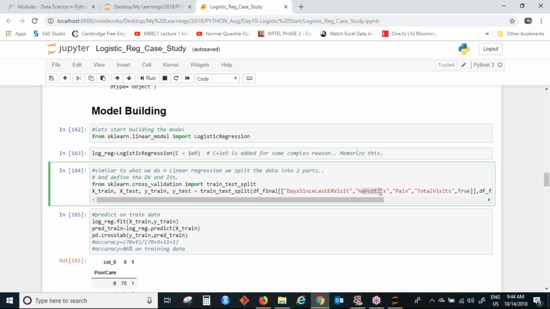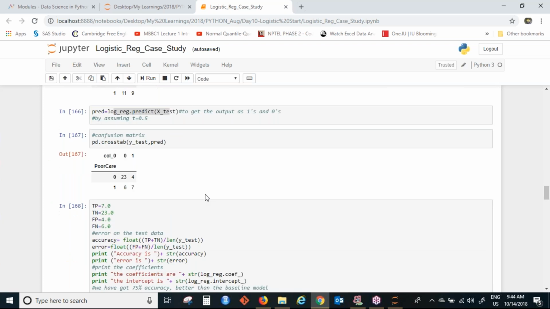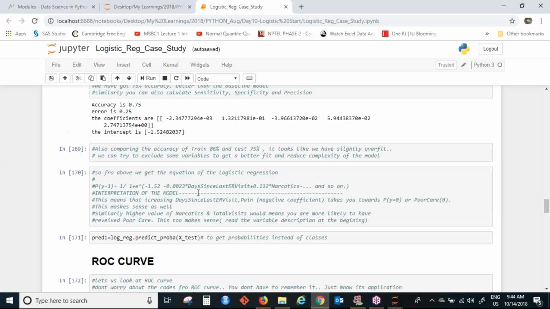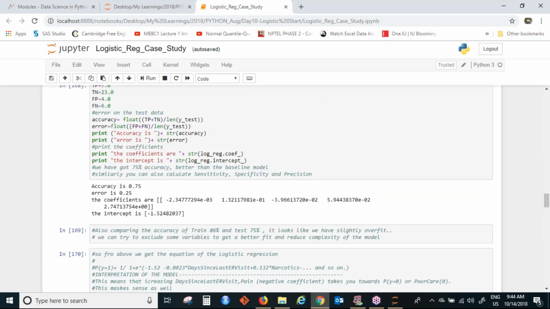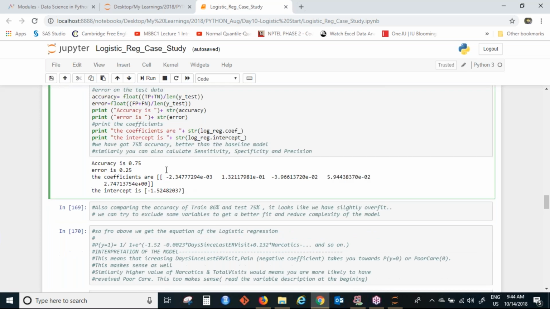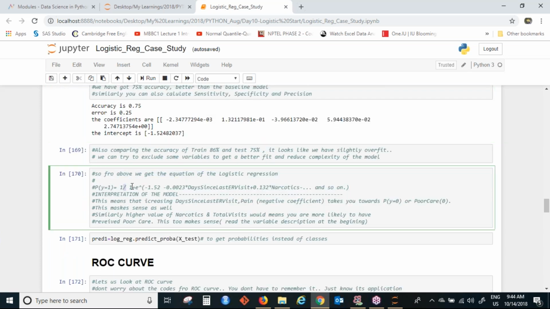So I will have 1, 2, 3, 4, and 5 coefficients, plus 1 intercept. That is what is given here. And this is finally the equation that you will get. This is the logistic response function.